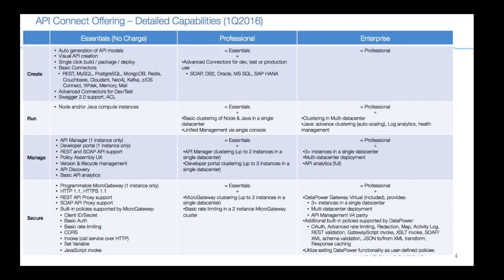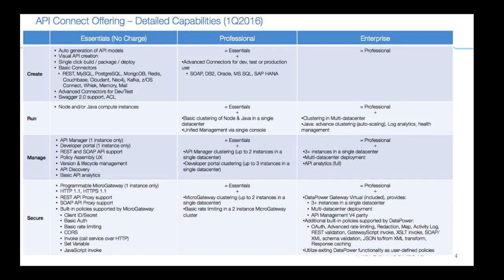So there's obviously the proxying to a back-end API, if you will. You're only allowed one instance, but there are a collection of built-in policies. These are a subset of the policies that you would get with the DataPower appliance. So client ID and secret, basic auth, basic rate limiting, CORS, the invoke policy, set variable policy, and JavaScript invoke.